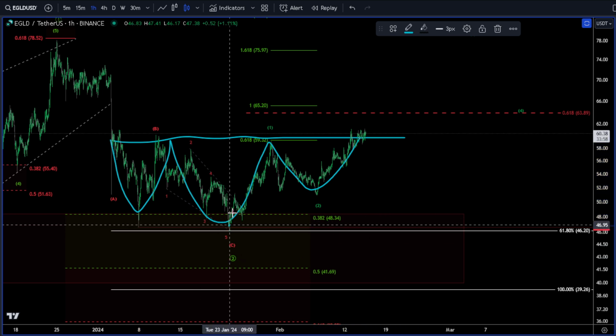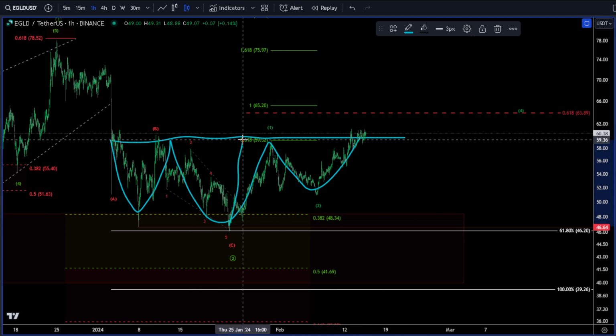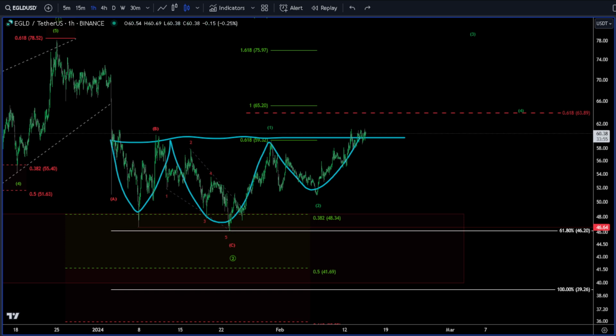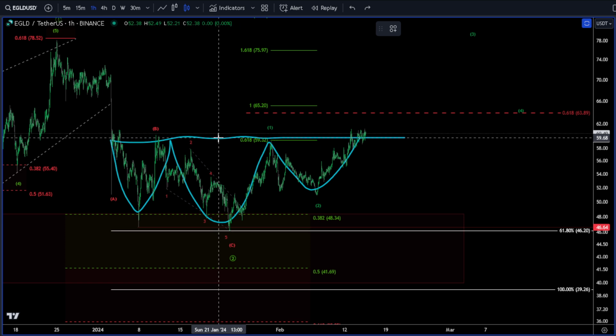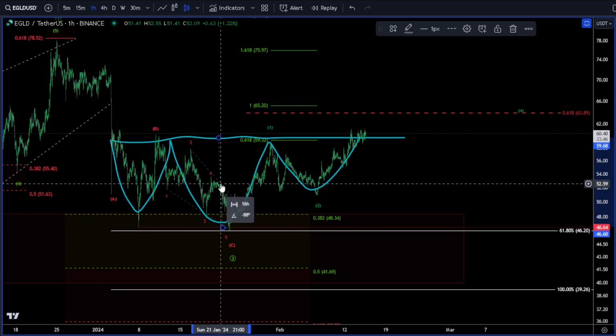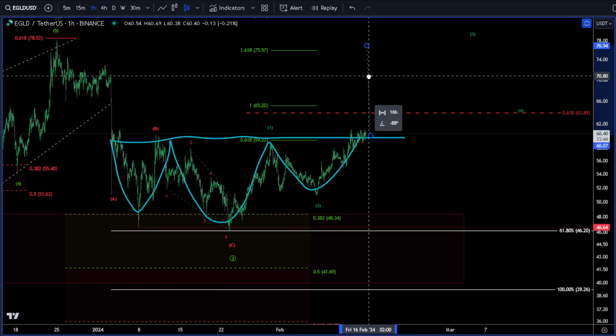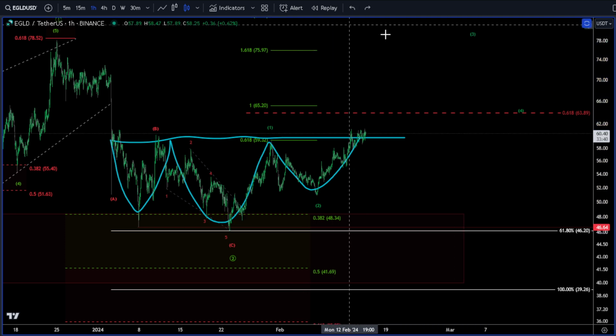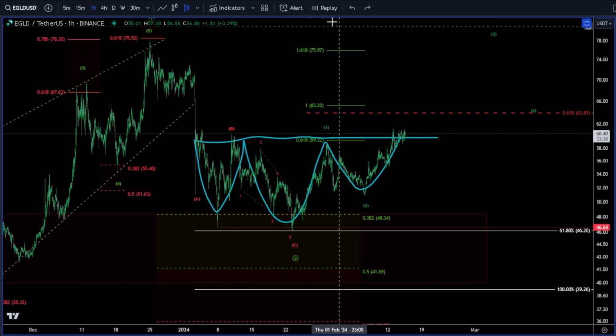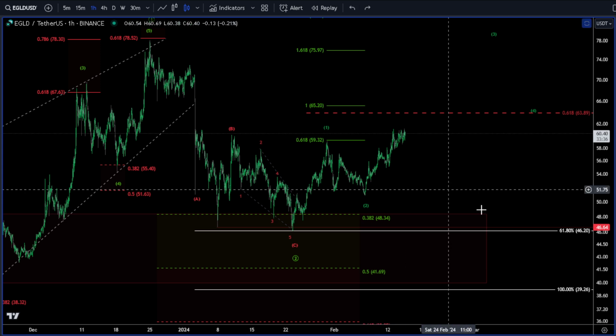This just adds to the probabilities that someone else sees this, right? And standard targeting for that is the top of the neckline to the bottom, and you put that up like that, which would be, again, at our 1.618. But neat when that stuff lines up, but as you can see, it is there. Just waiting for that little breakout.